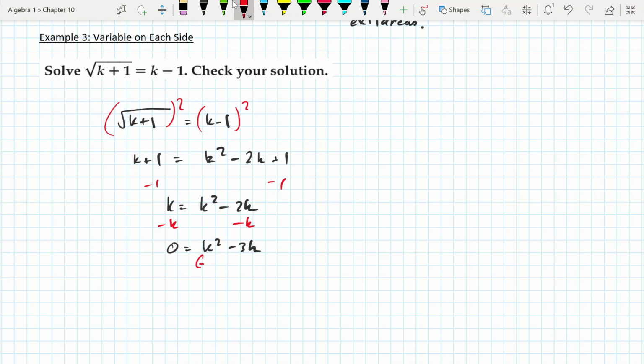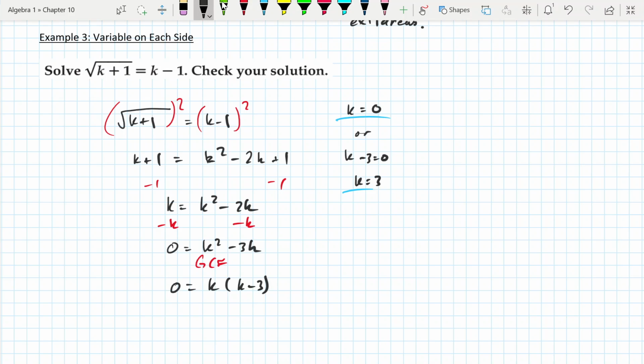I end up with 0 equals k times k minus 3. Apply the zero product property: either k equals 0 or k minus 3 equals 0, which means k equals 3. So these are my two possible solutions, k equals 0 or k equals 3.